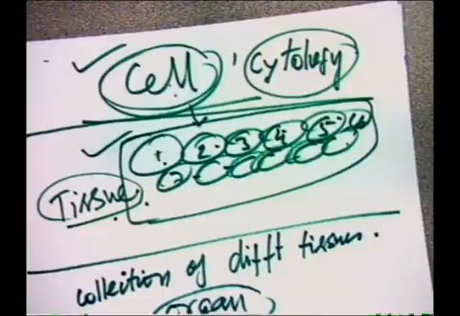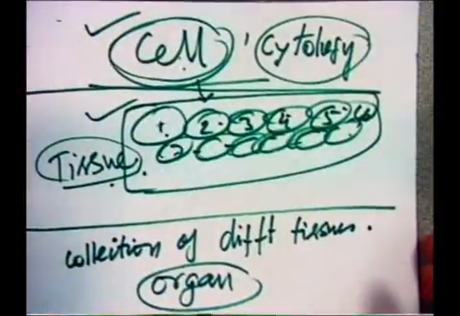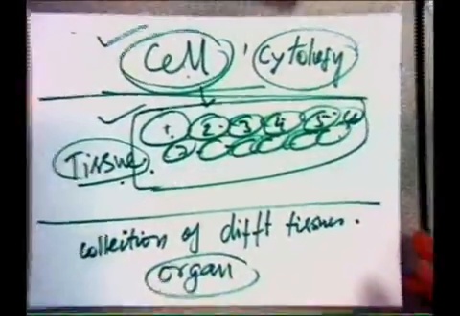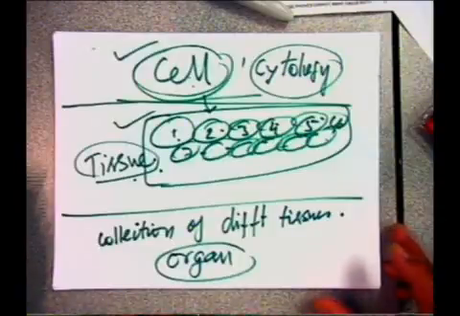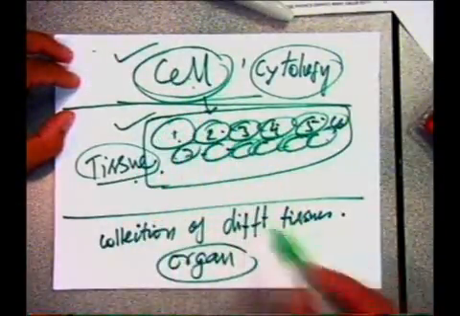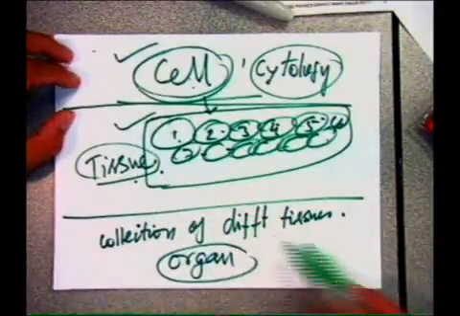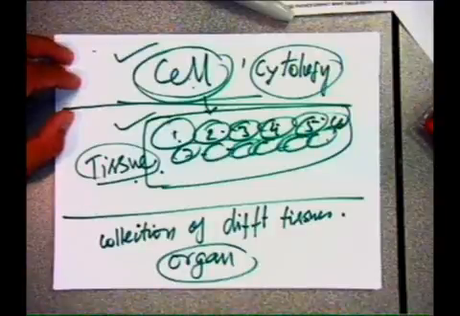Follow that? So first we will study the cell. Okay. Now it is better. Cell, and then tissues, and collections of different tissues. Tissue 1 or tissue 2, different types of tissues together form the organ.